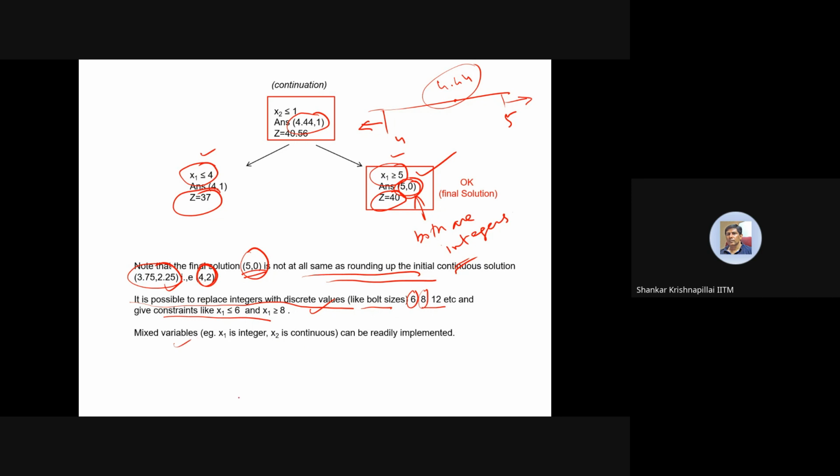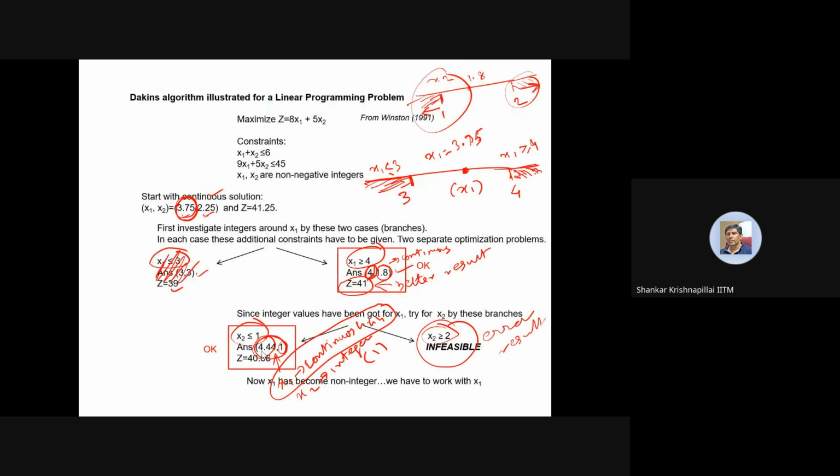And mixed variables are also easy, that x1 is integer, x2 is continuous. In fact, if it is mixed variables, we would have solved it much easier. So x1 is integer, x2 is continuous means we would have solved it here itself. In one step, it would have been solved here.